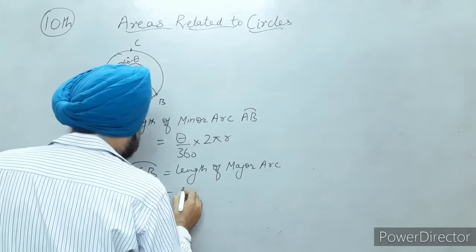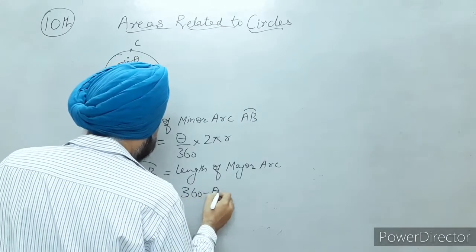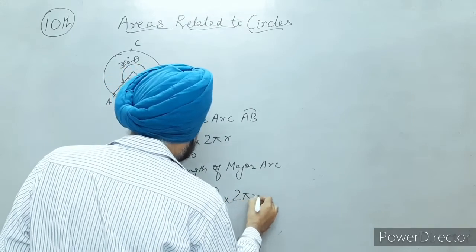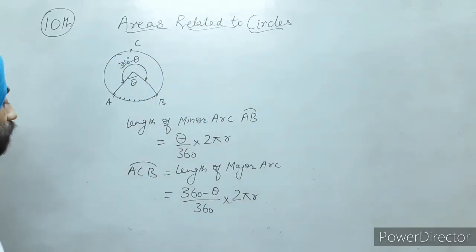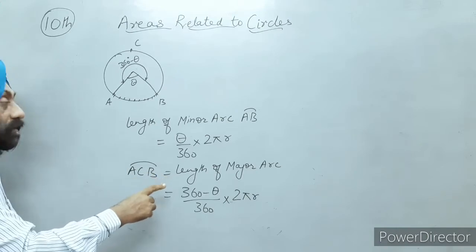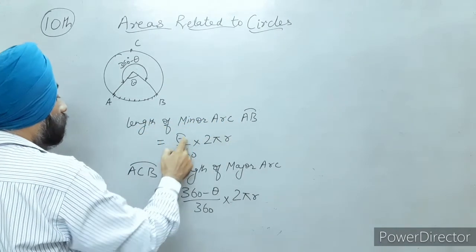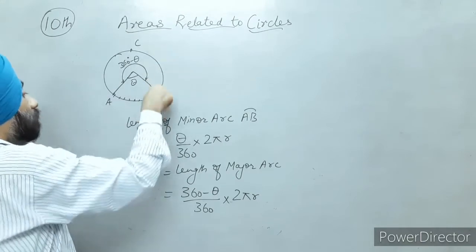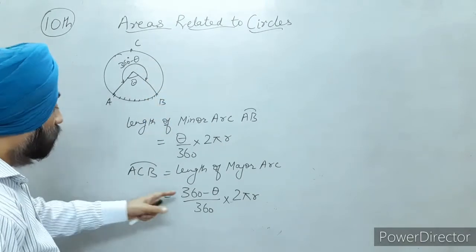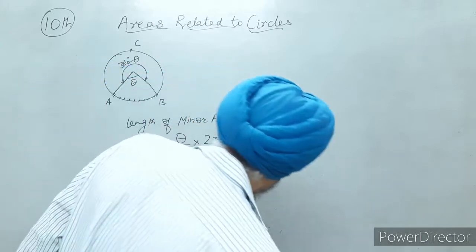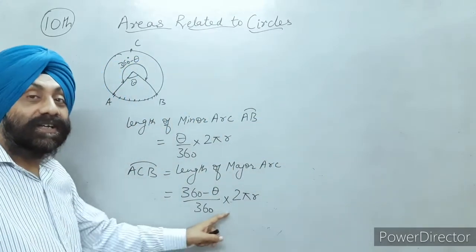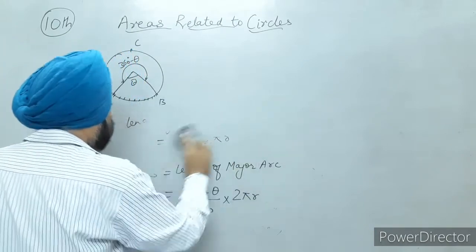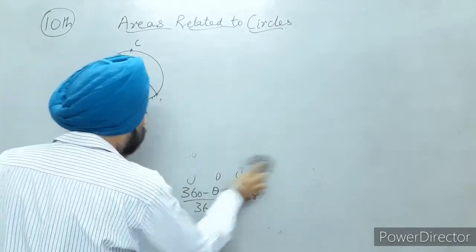So the length of the major arc is 360 minus theta upon 360 into 2 pi r. Length of the minor arc is theta by 360 into 2 pi r. You understand this? This is the minor arc. This is the major arc. ACB is the major arc. Its formula is 360 minus theta upon 360 into 2 pi r. This is the formula for the arcs, major one and the minor one.